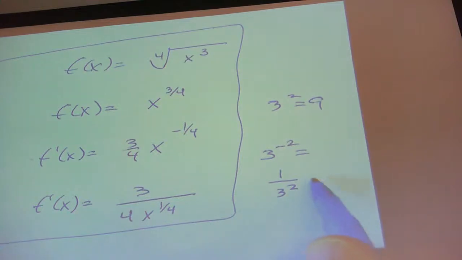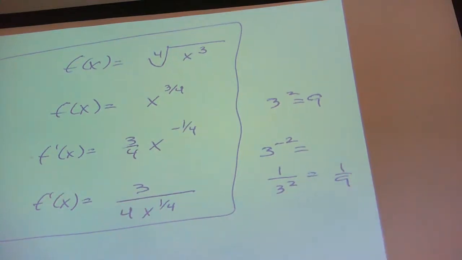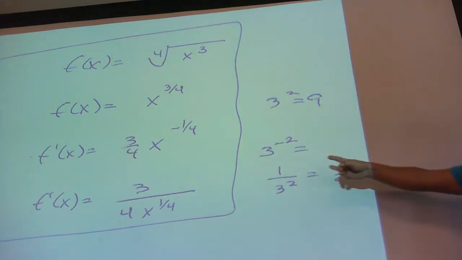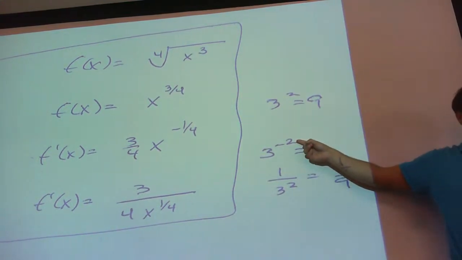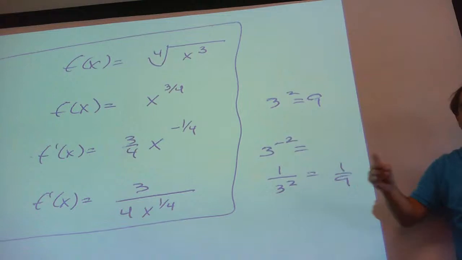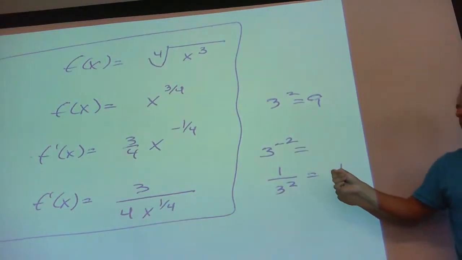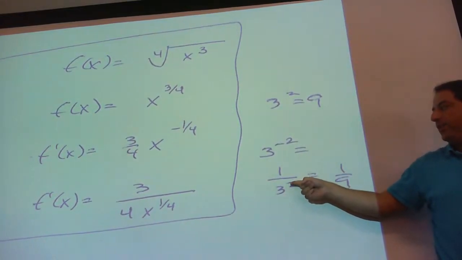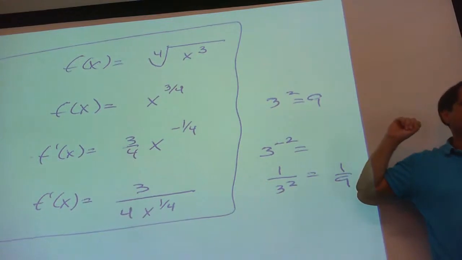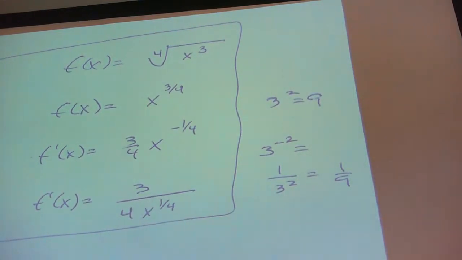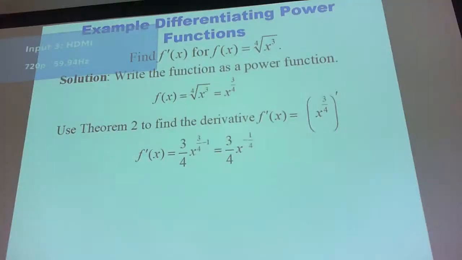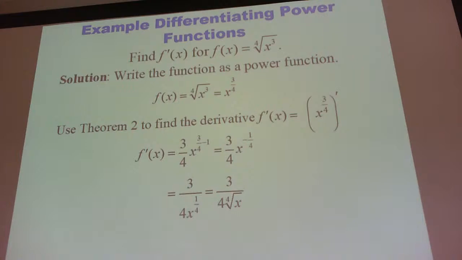And what's 1 over 3 squared? 1 over 9. Looking like this, 3 to the negative 2, you're not sure what that means. But if you rewrite it, you can do it quickly, 1 over 9. So we prefer positive exponents. We're comfortable with negative exponents. So I always like to make them positive. But they rewrote it as 3 over 4 times the 4th root of x, same thing.